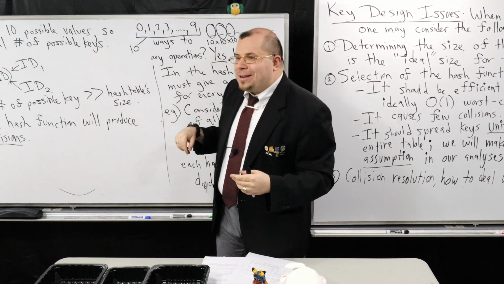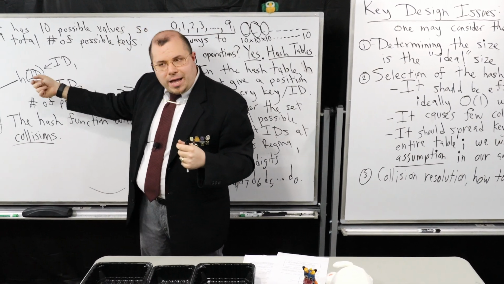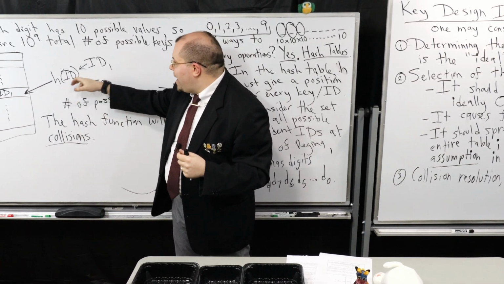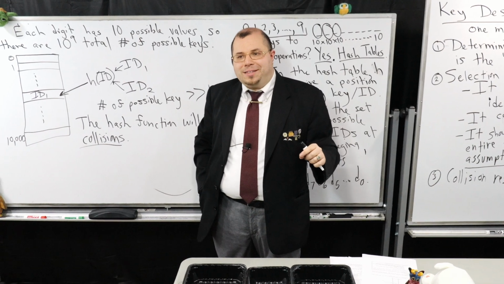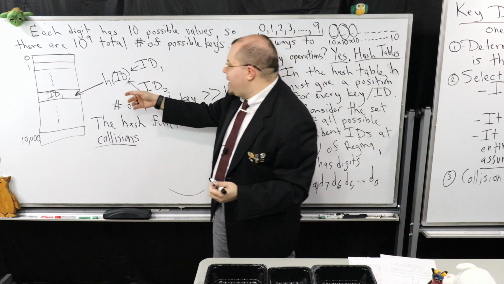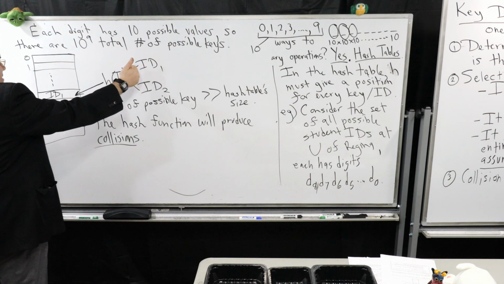So remember in my hash table, the hash function will assign a location, right? And I would like to make it so that when I have two IDs that are similar to each other, I don't necessarily want them to be right beside each other. I want them to be spread out. So when I give this hash function a key, it should tell me a location.